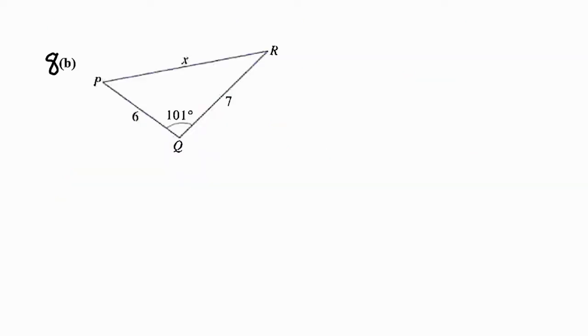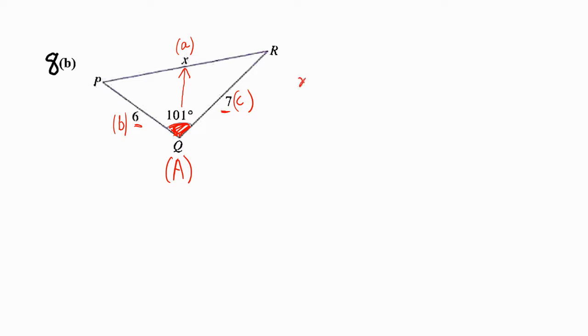Next, for 8b, the unknown side x is here. There's an angle 101. So our a is this side. This is our angle A. Where's our b and c? It can be either side. So let this be b. This can be c. This is the included angle with the two sides.